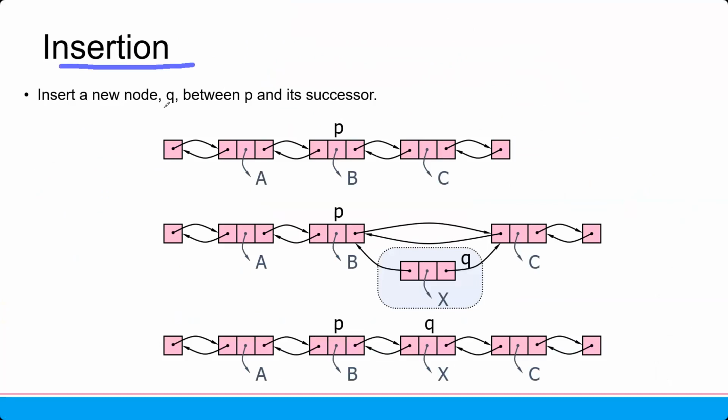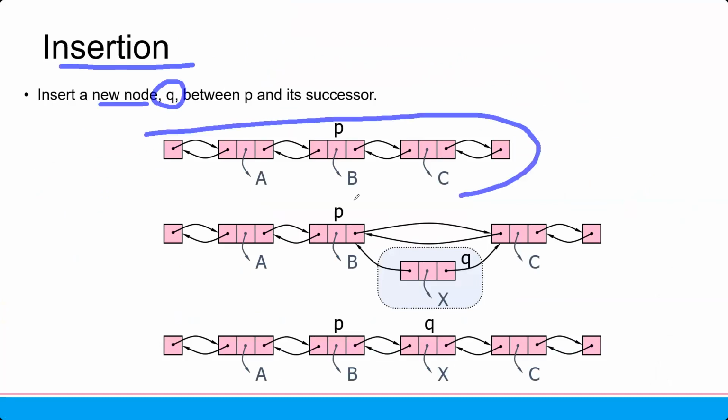So we want to insert a new node. Let's say I want to insert Q. So this is the original data. I have a header. This is a header node. It means this is the first. And this is the trailer node. It is the last one.